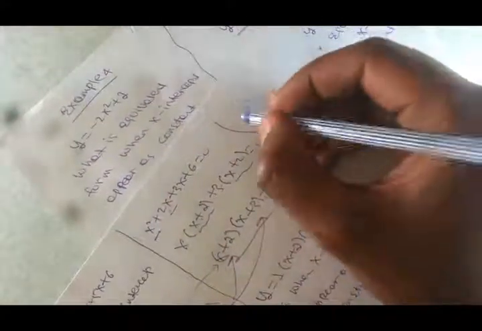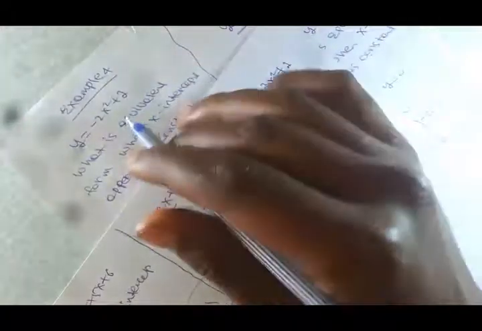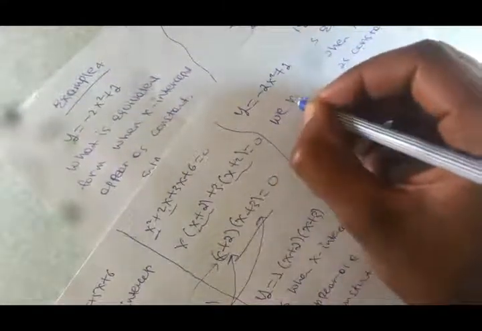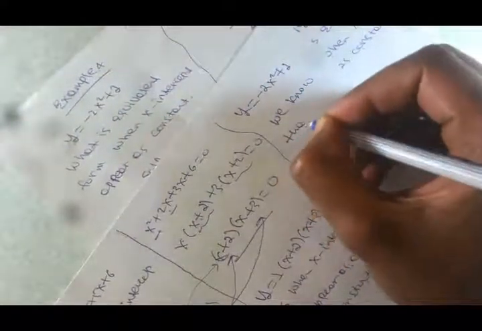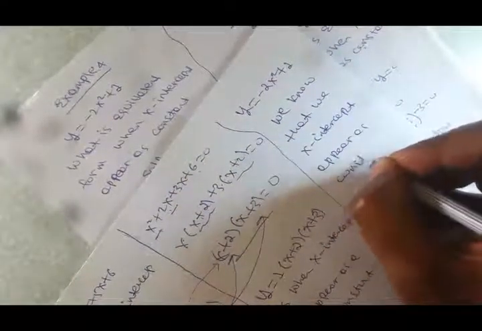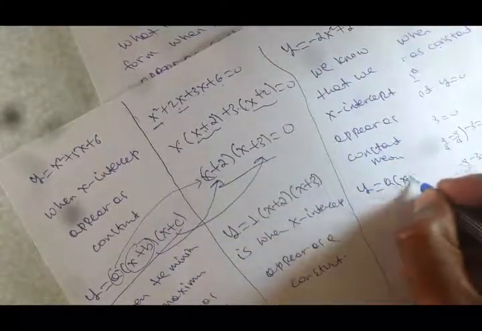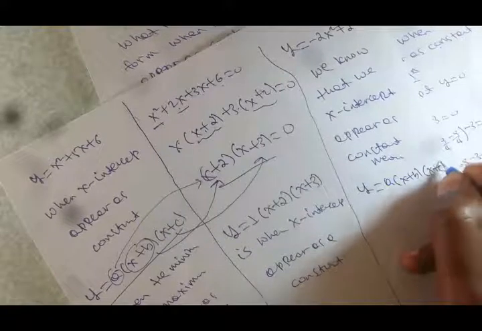And example 4, the equation is given y is equals to negative 2x square plus 2, and we are asked to find what is the equivalent form of x-intercept appear as a constant. We know that when x-intercept appear as a constant, it means writing in the form of y is equals to a times x plus b times x plus c.